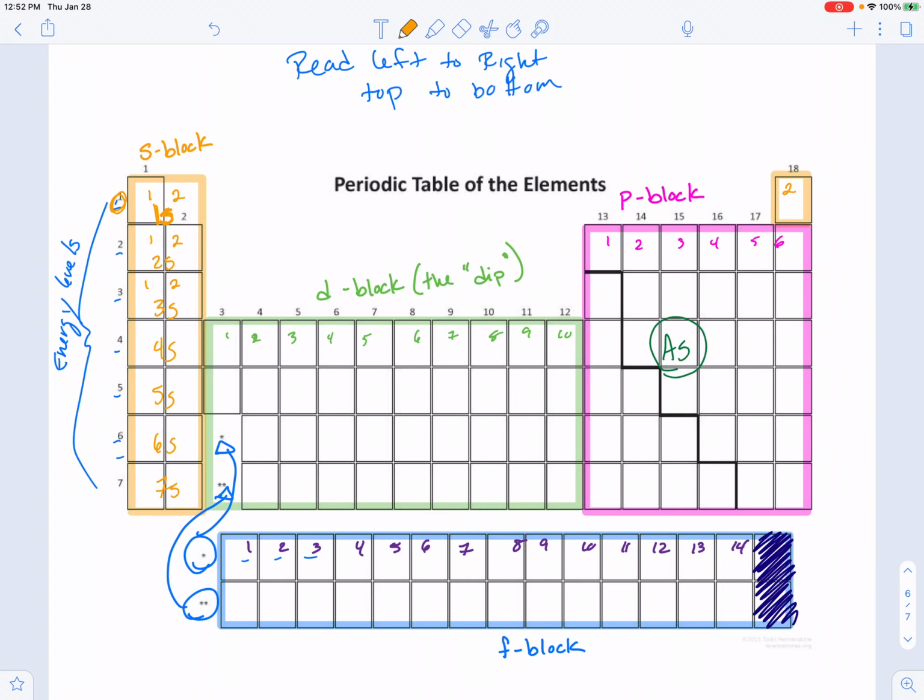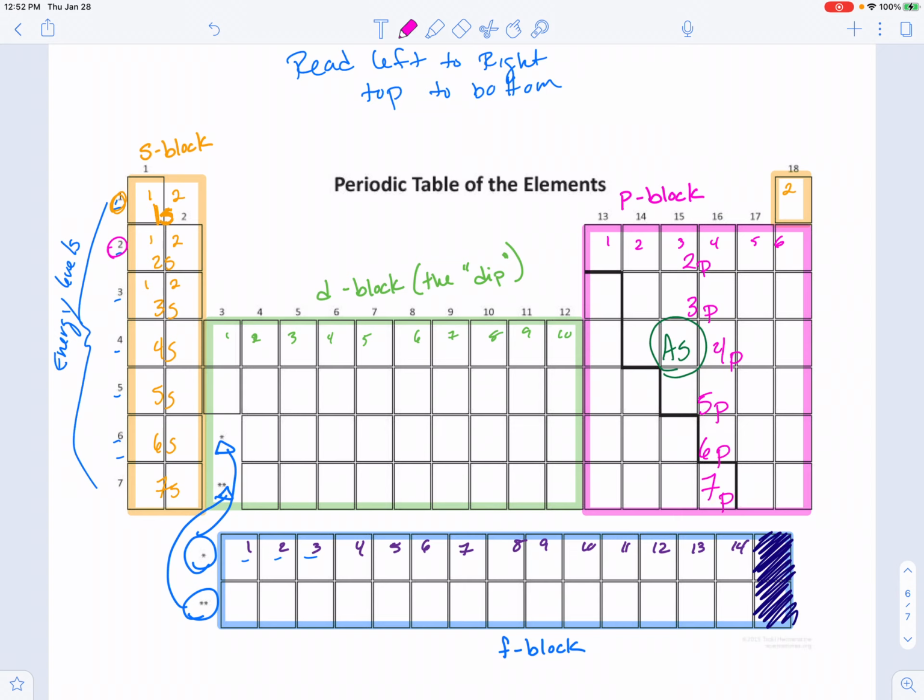All right, because we're in the S block, and then each of those correspond to their energy level. So then your P block is the same thing. Your P block, you'll notice, doesn't start until energy level 2. So this is 2P, 3P, 4P, 5P, 6P, 7P.